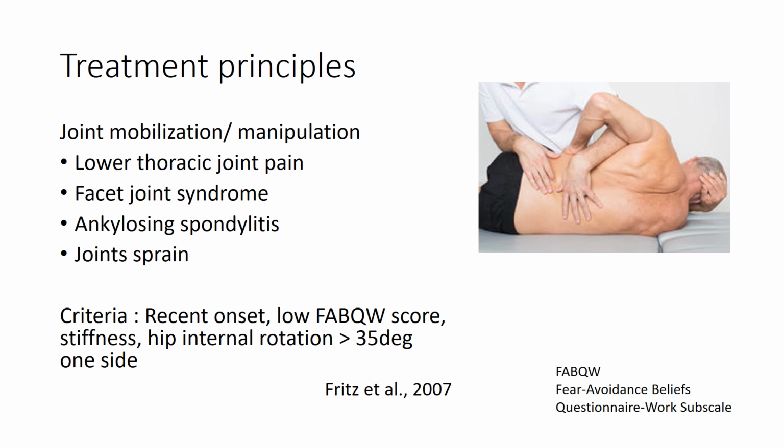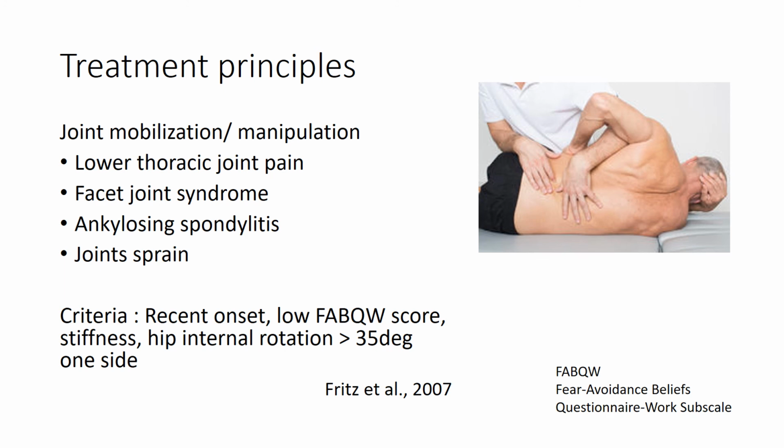They suggest the onset of pain should be within 16 days. That will be better. And the Fear Avoidance Beliefs Questionnaire screening should be a low score, and hip internal rotation should be more than 35 degrees on one side.